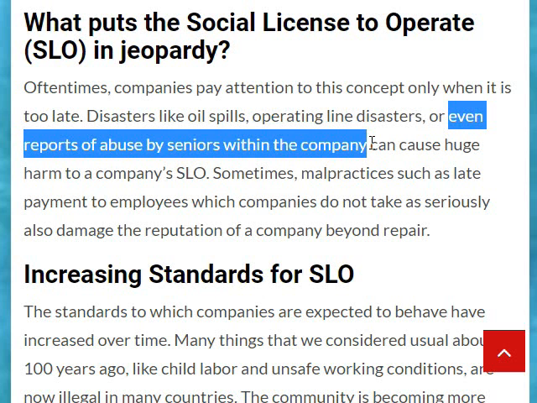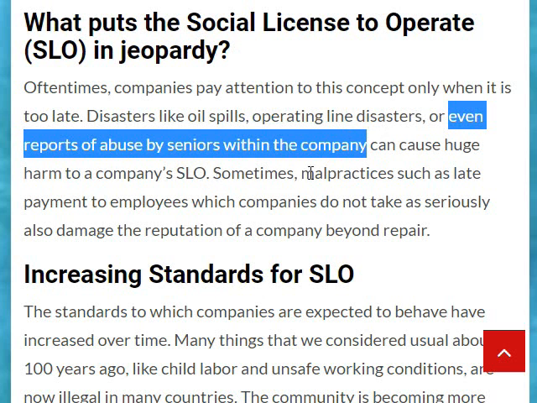So this is when the public is reacting negatively towards the comments that that person has sent out to the general audience, and the company does not want to destroy their trust because of that one person. So this is also an example where social license to operate plays a role.